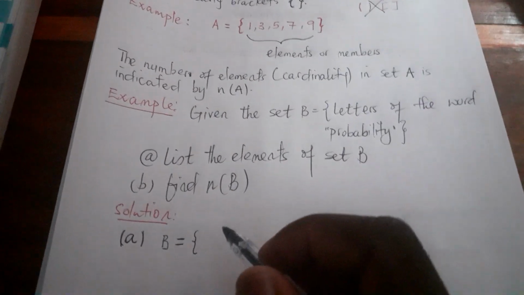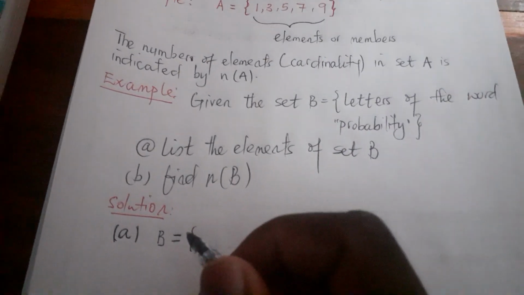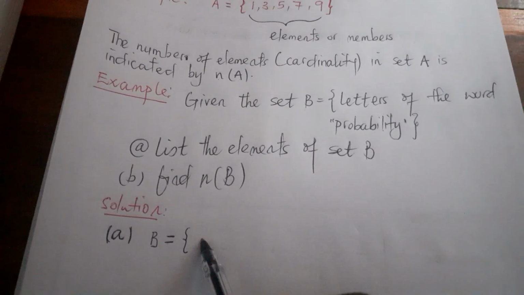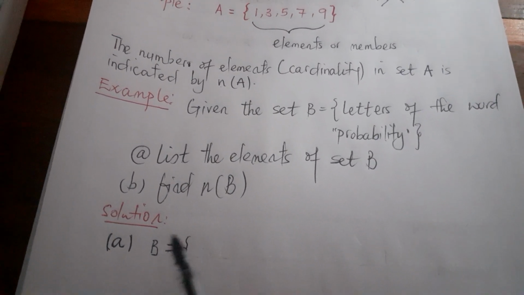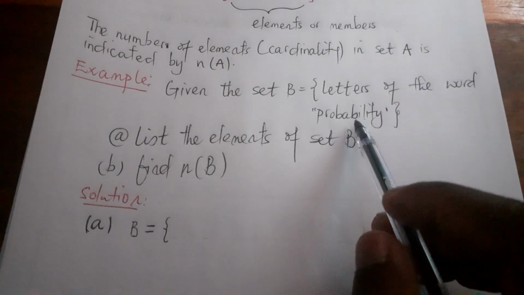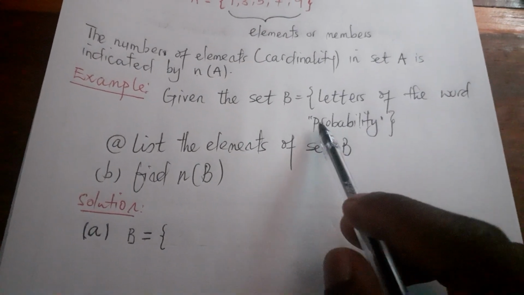Yeah, we use curly brackets. And then we now have to list the members or the elements of set B, looking at the word that we are given. We start with the first letter.